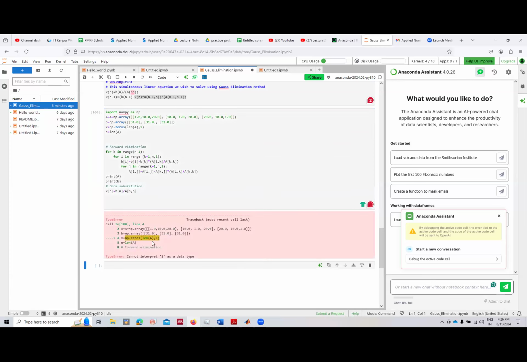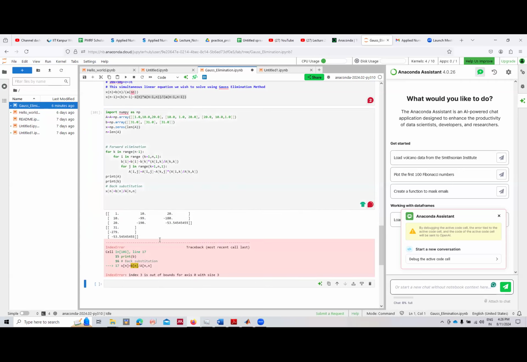It is showing some error. Why it is showing some error? Okay, zeros comma one. So if I remove it directly, shift enter. Index 3 is out of bound in axis 0 with size 3. Why is this error coming? This error is coming because indexing starts from 0 in Python.